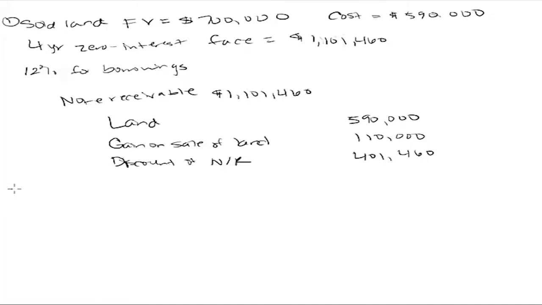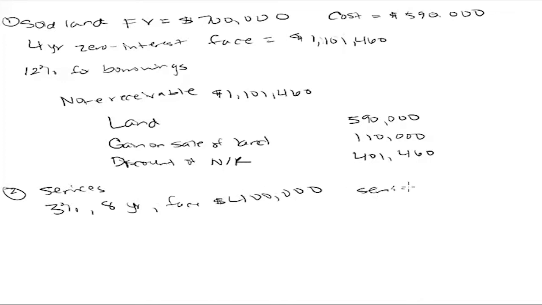Let's look at number 2, and we'll do a present value calculation on this one. Let's say that instead of the land, you provided services. And in exchange for the services, you got a 3% 8-year note with face of $400,000 with semi-annual interest payments.